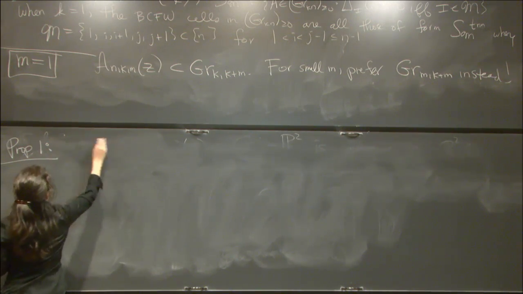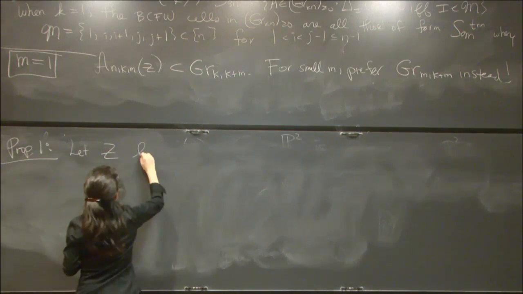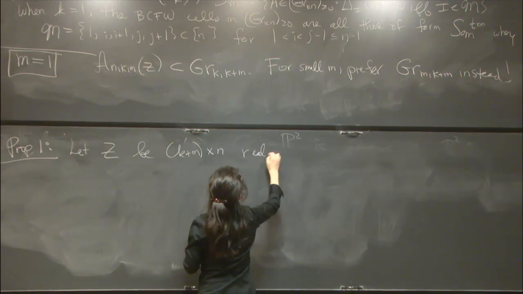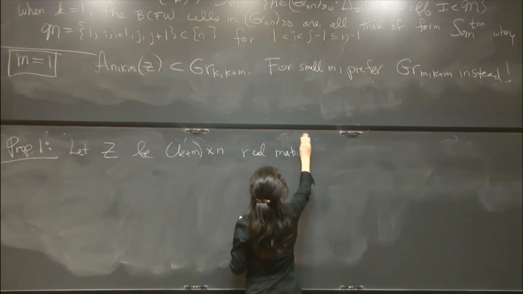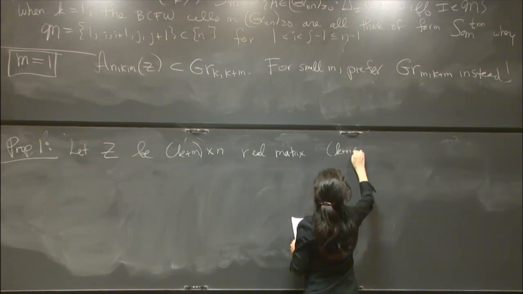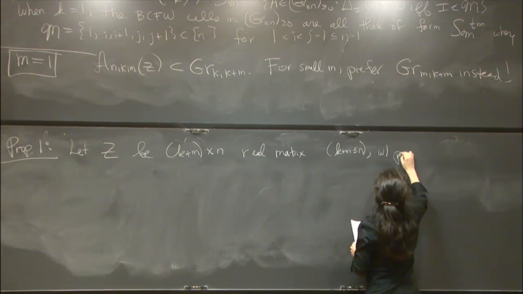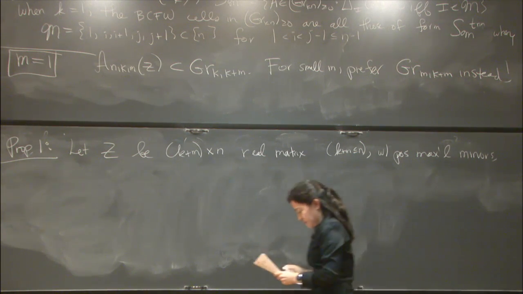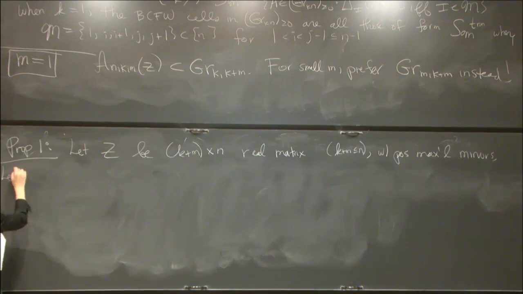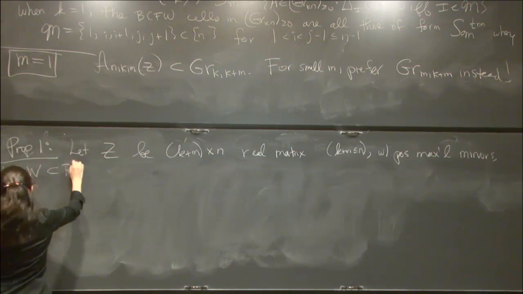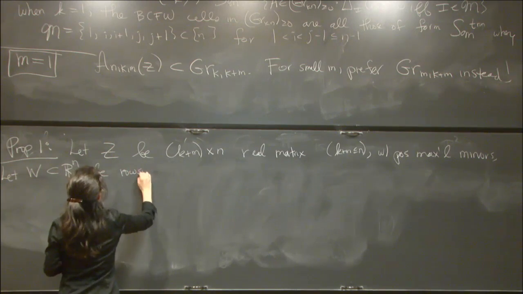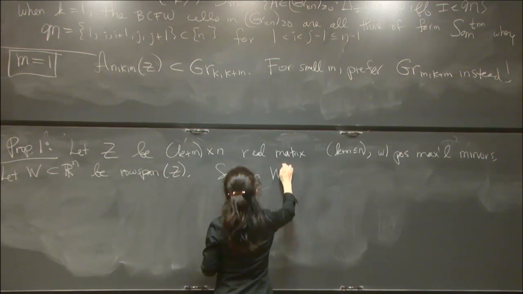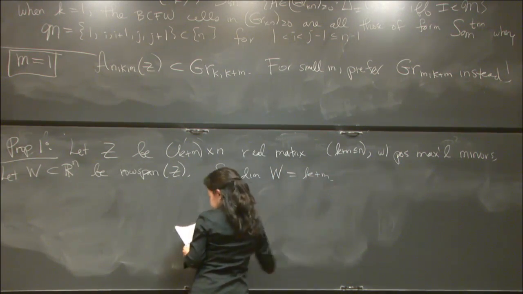So we're going to let Z be a k plus m by n real matrix. So k plus m, remember, is at most n, with positive maximal minors. And let's let W in R^n be the row span of Z. So the dimension of W is k plus m.